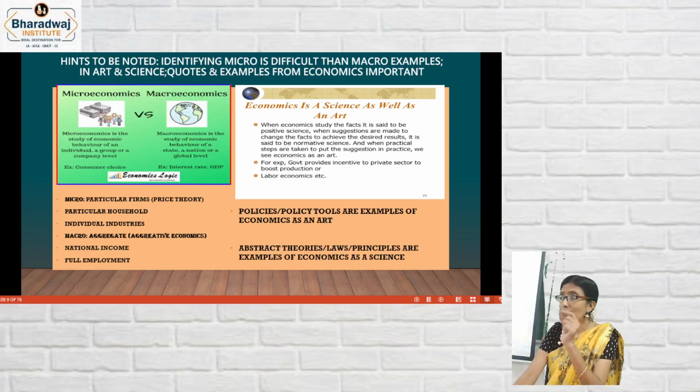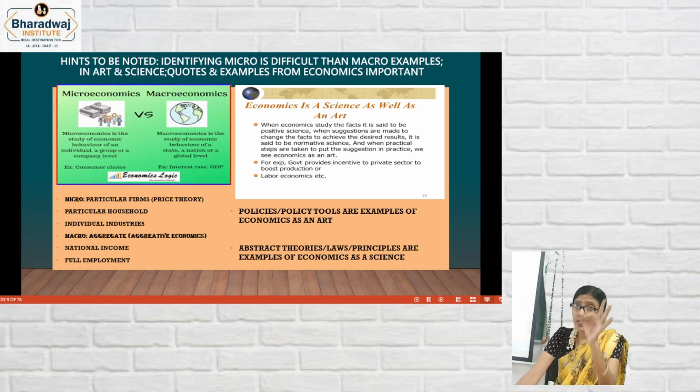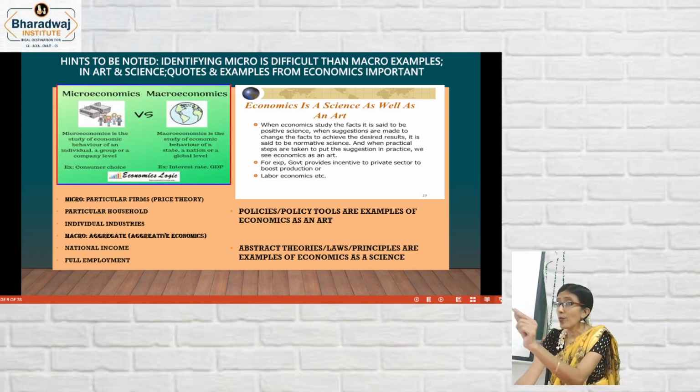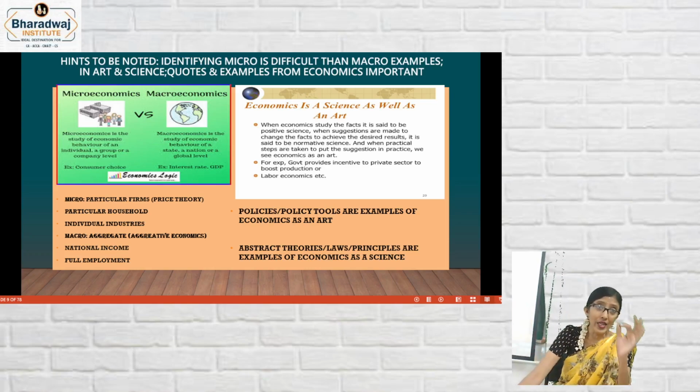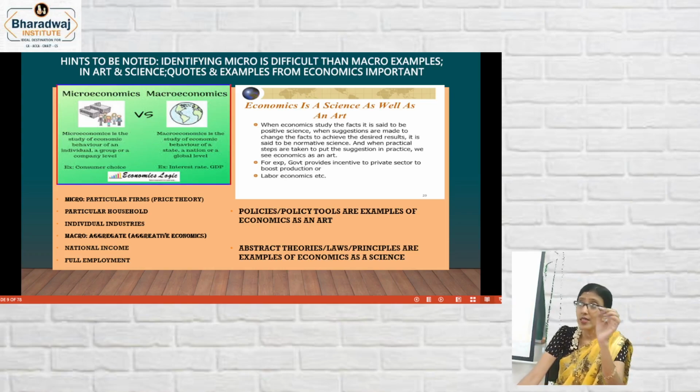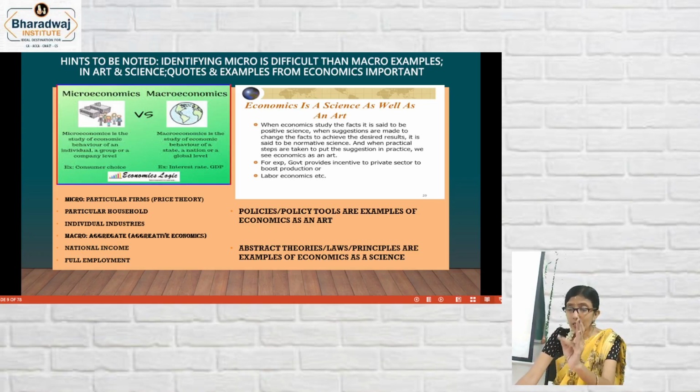So laws, principles or theories will come under economics as a science. One small clue I am giving, it is of great help. Please note it. Laws, concepts, doctrines, theories come under economics as a science, and any policy tool will come under economics as an art. Are you clear? Economic theories, principles, concepts, doctrines, however you want to take it, are economics as a science.